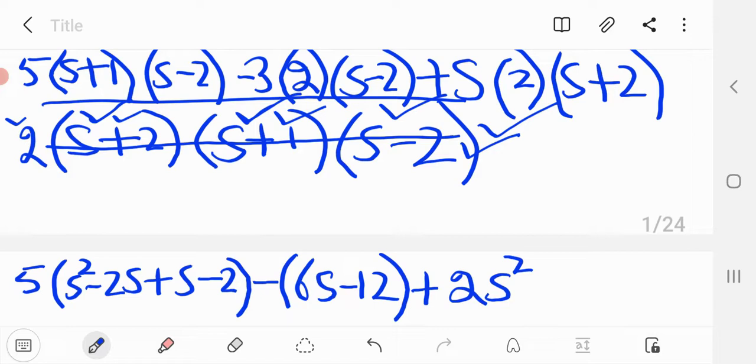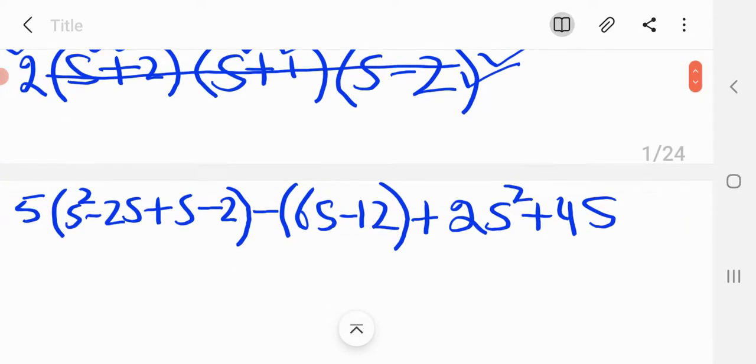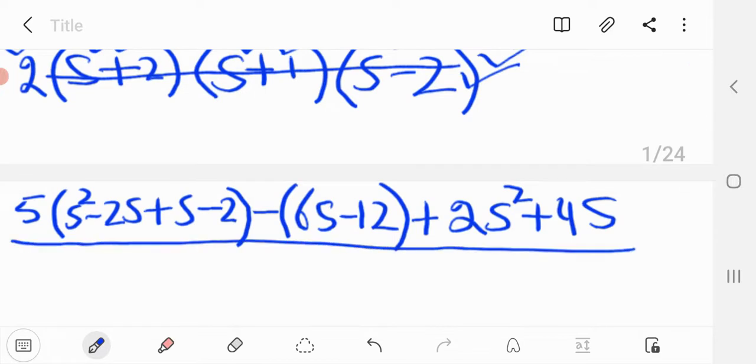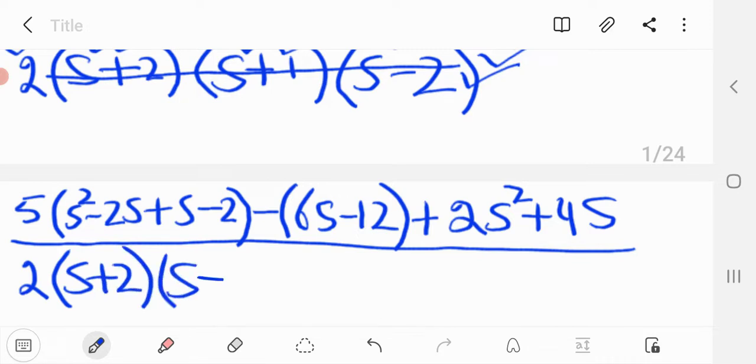So 2s square plus 4s, divided by whatever is written in the denominator, so write it as it is. In the denominator we will write 2 into s plus 2, s plus 1, and the last factor is s minus 2.